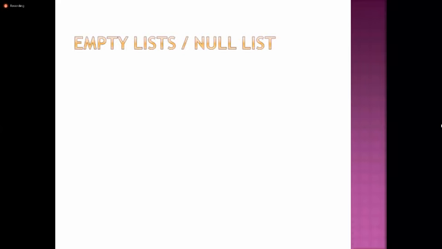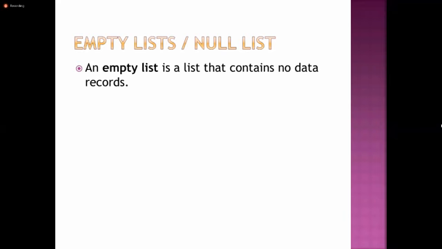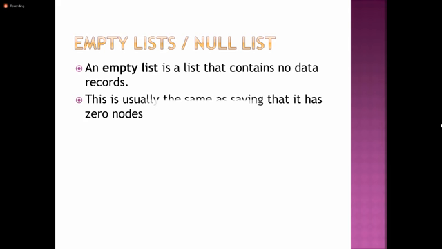Then we can have an empty list or the null list. It doesn't contain any records or data in the list. This is usually the same as saying that it has 0 nodes.